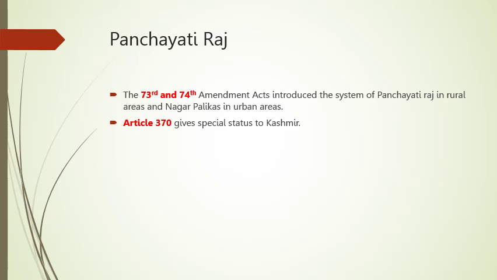It may be possible that while you are listening to this lecture the decision has already been given, so at that time the last portion of our discussion will be according to the decision, right? But for now, this is an article of the Indian Constitution. Let's see how the court decides on this.